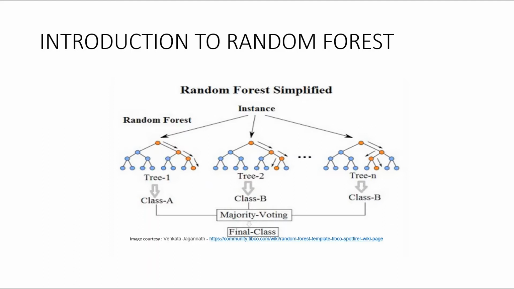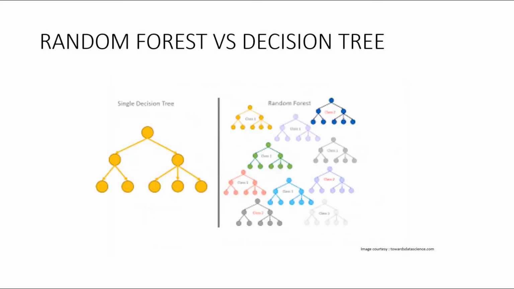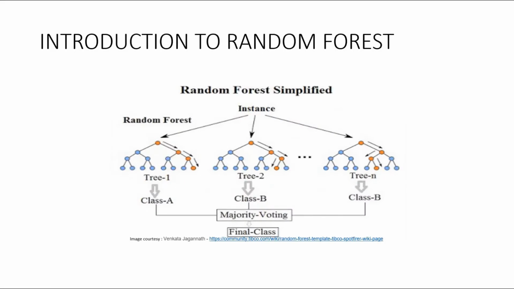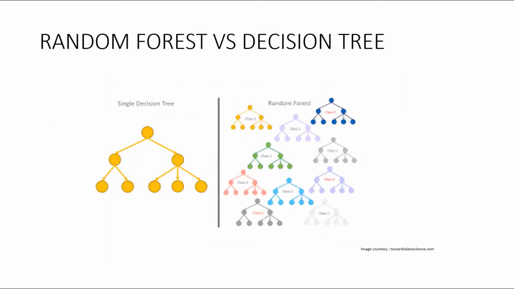Now we will get into the random forest in depth. When we compare a random forest versus a decision tree, what's the difference between them? This is the pictorial representation of a random forest. Here I am comparing a simple decision tree with a random forest. Random forest is a set of multiple decision trees.